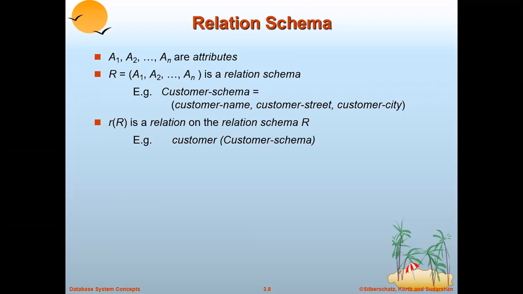Small r of capital R is a relation on relation schema R. So schema R is a capital R which will have a collection of attributes, and small r of R is a relation on the customer schema R. For example, customer is a relation, which is customer-schema, on relation schema R.